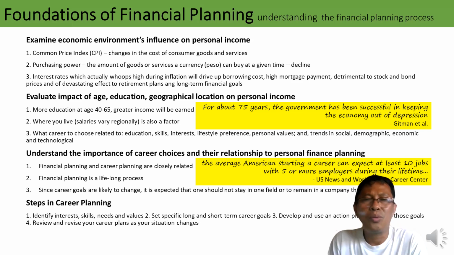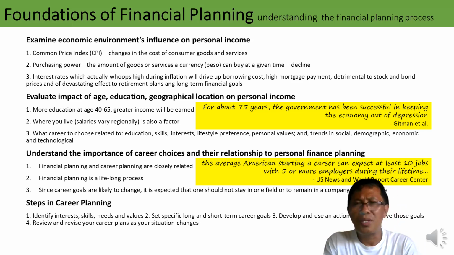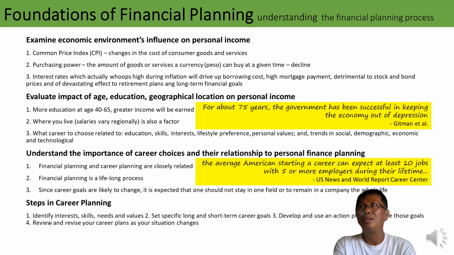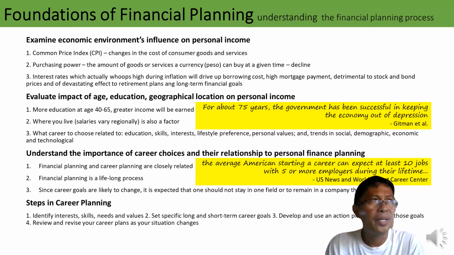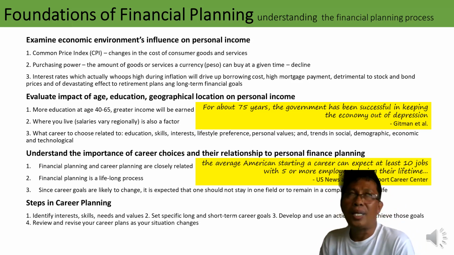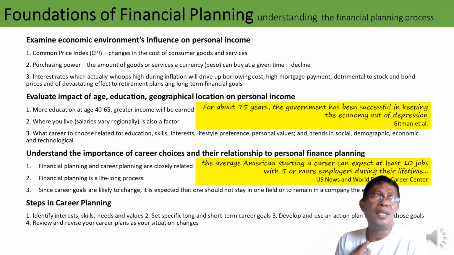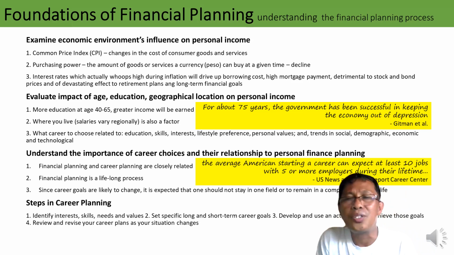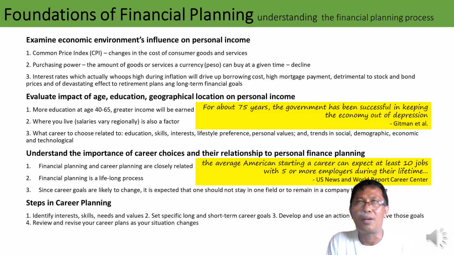And allow me to go back to this highlighted in yellow according to Gitman et al. For about 75 years, the government has been successful in keeping the economy out of depression. Di ba nabanggit ko kanina na 1918 Spanish flu, and it took 75 years for an economy to recover.